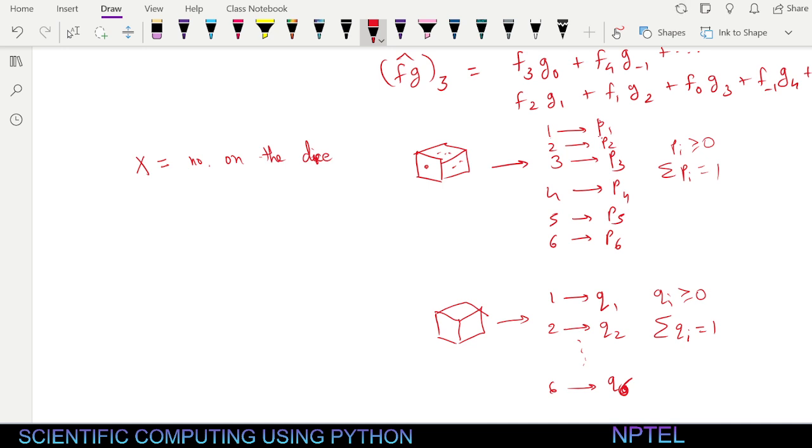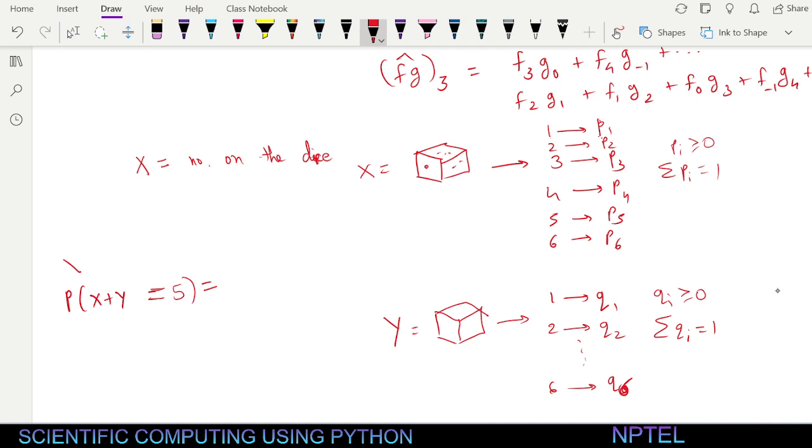Then this is your dice x, this is y. Then you ask what is the probability that x plus y, the sum of these two, is equal to, say, 5. This is what you generally do in most games. You roll 2 dice.